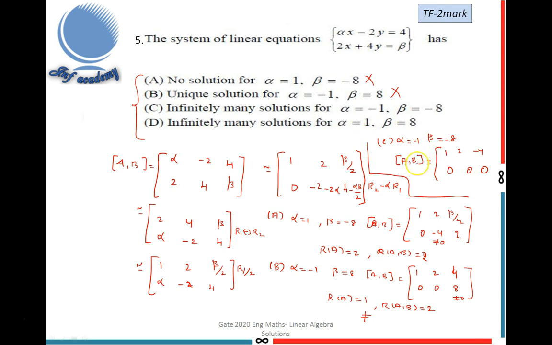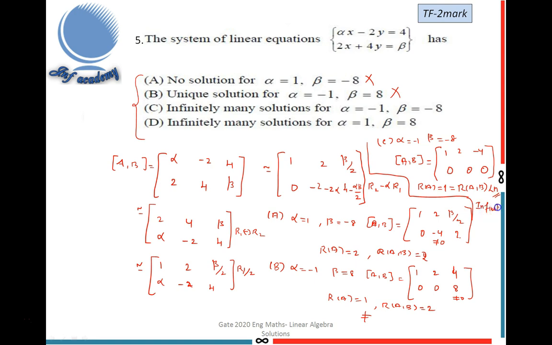Substituting alpha equal to minus 1 and beta equal to minus 8, minus 8 plus 8, 8 by 2 minus 4, 4 minus 4, 0. So finally in this case r of A is also 1 and r of A comma B is also 1. This is less than the number of unknowns; the number of unknowns is 2.